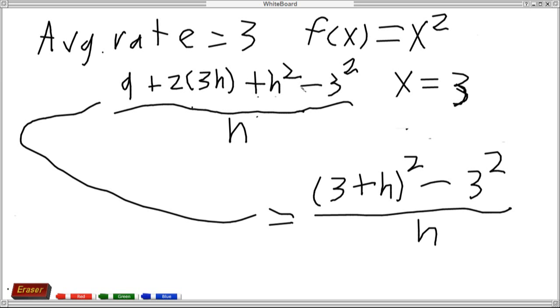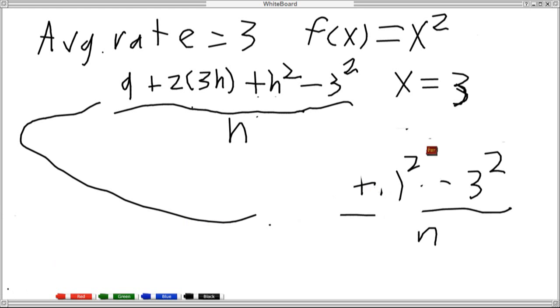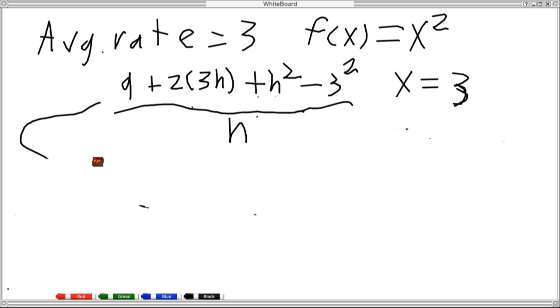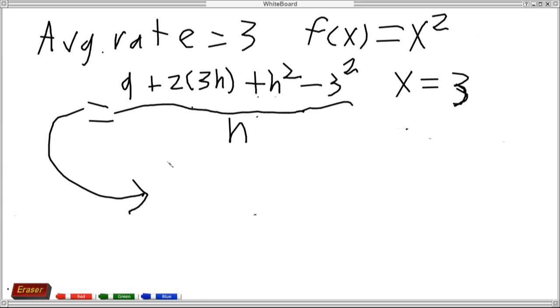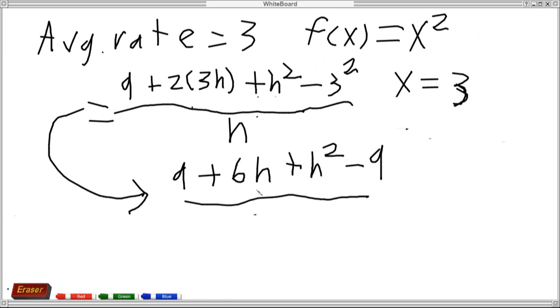Next we simplify it even further: 9 plus 2 times 3, which is 6h, plus h squared, minus 3 squared, which is 9, over h.